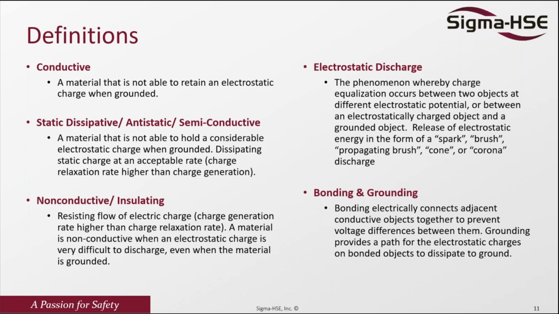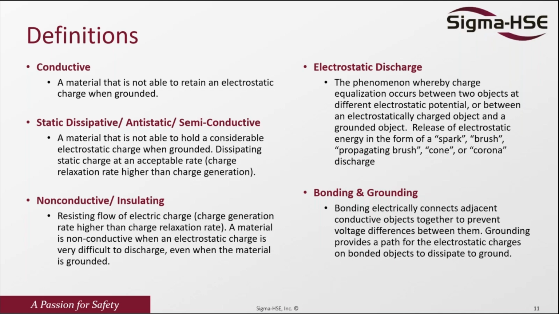That's why we always recommend in the industry, where you handle any flammable materials, always use conductive or static dissipative material for handling, so that whenever charge accumulates, it can dissipate. For non-conductive, even if you ground it, nothing flows through it. So whatever charge stays there will continue to stay there, and we will dive more into that very soon.